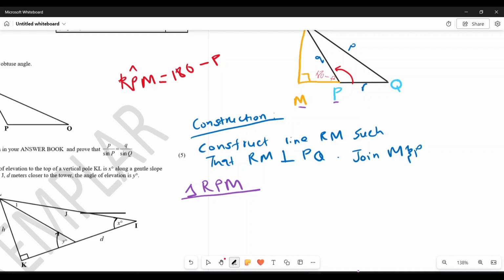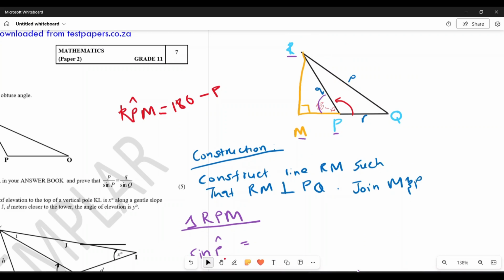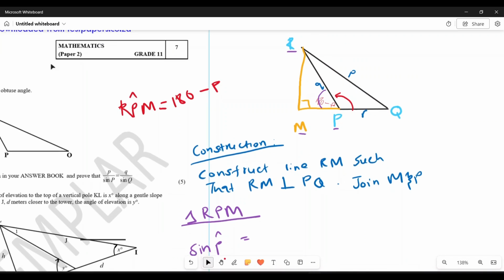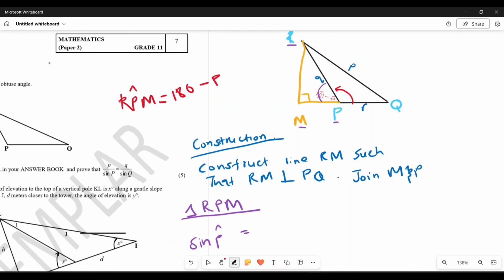So I'm going to say, okay, sine of our angle RPM, which we have just calculated as 180 minus P, this angle right over here, the opposite line is RM over our hypotenuse, which is the line that is opposite to the angle 90 degrees, which is RP. And we said this line RP, we're going to indicate it with a small letter q. So I'm going to write q right over here.